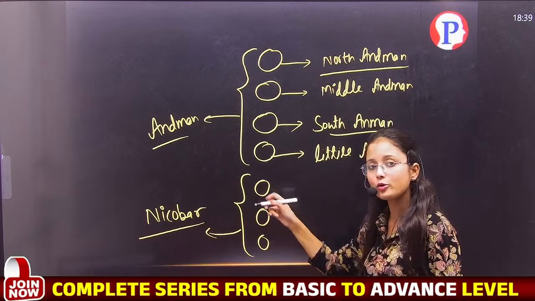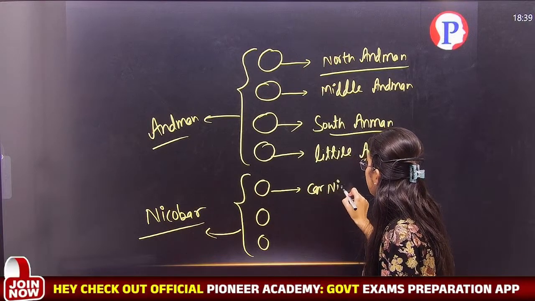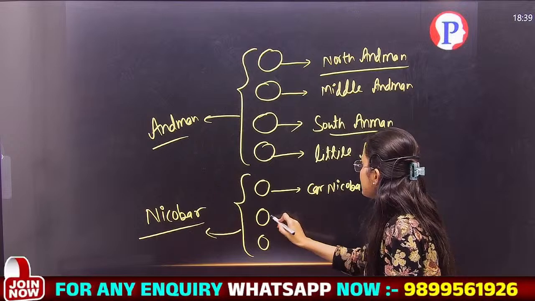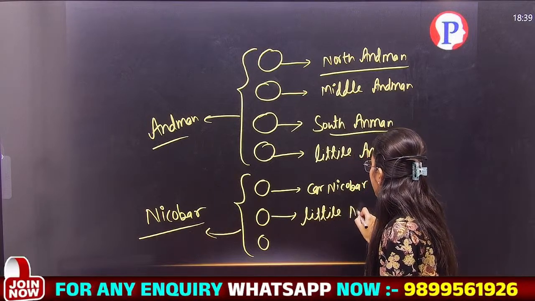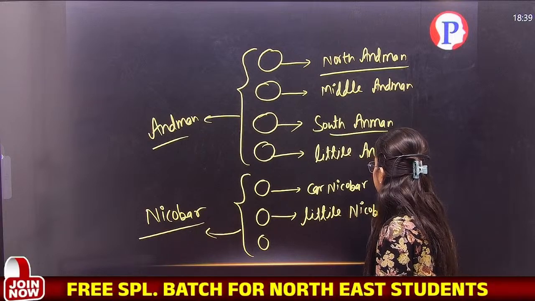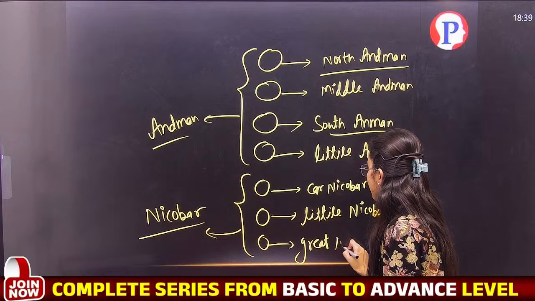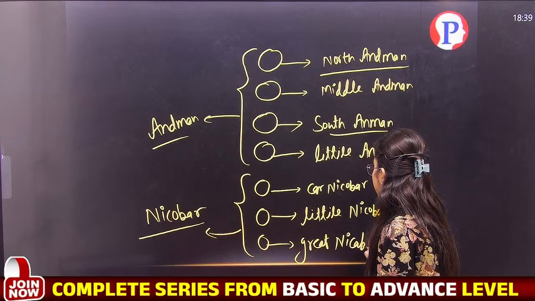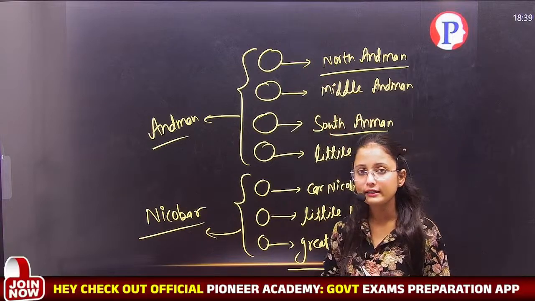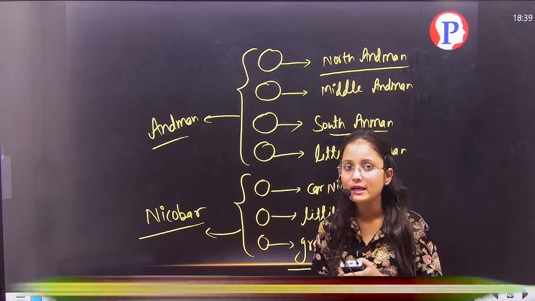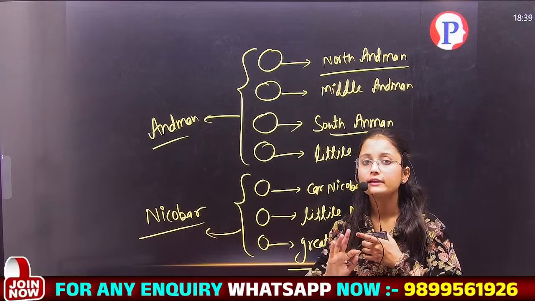Now this is Nicobar. First of all, this is Car Nicobar. This is Little Nicobar. And this is Great Nicobar. So these are the names of these islands. The first one is North Andaman, the second is Middle Andaman, then South Andaman, then Little Andaman.